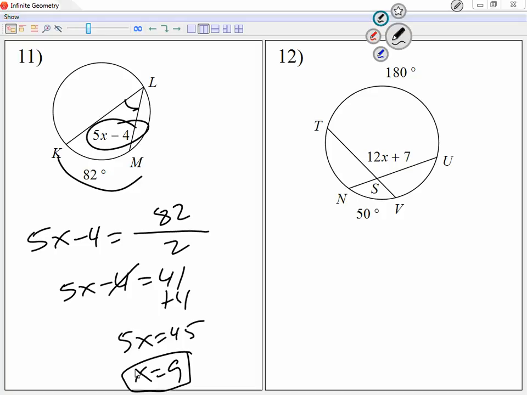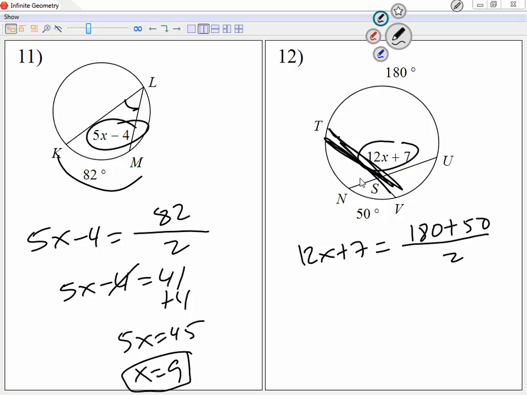For number 12, what's the first thing that I write? 12x plus 7. Nice. Okay, that's the angle. So 12x plus 7, that's what I started with. 180 plus 50 over 2. Remember, we're going plus because it's on the inside, and as a reminder, my two chords make a crooked plus sign.